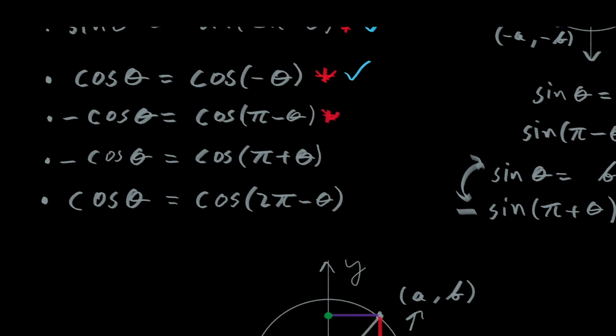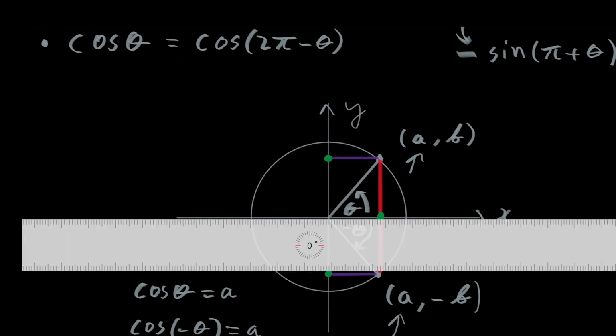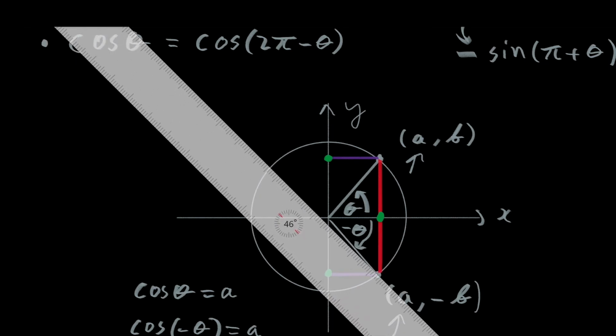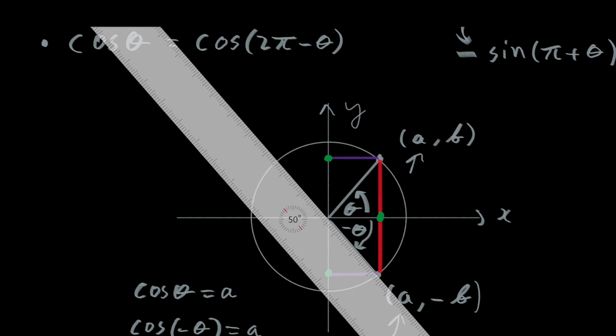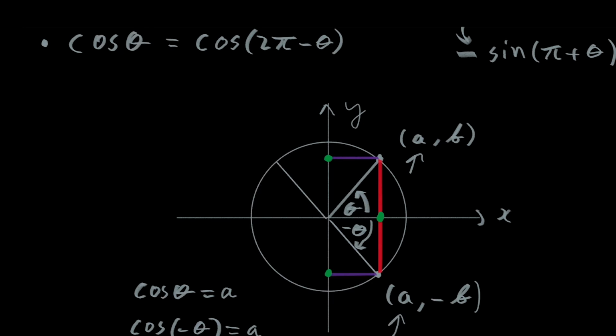Let's consider this one. Negative cosine of theta is equal to cosine of pi minus theta. Well, the angle pi minus theta is going to be here.